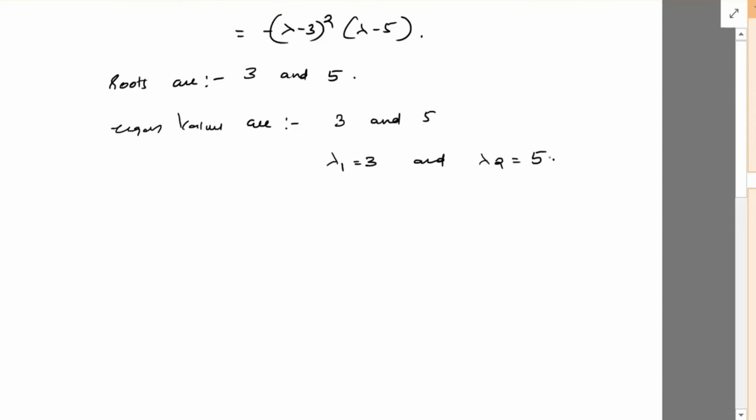Now we can say about the algebraic multiplicity of 3 and algebraic multiplicity of 5. What is the algebraic multiplicity of 3? M3 will be 2 because the power of lambda minus 3 is 2 in the characteristic polynomial. And the second eigenvalue, which is 5, the algebraic multiplicity corresponding to 5 will be 1.